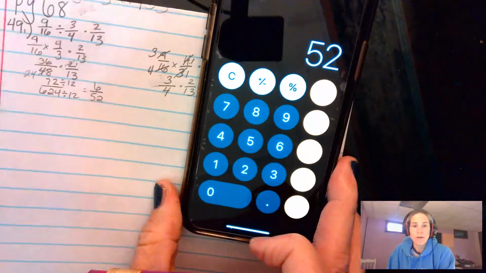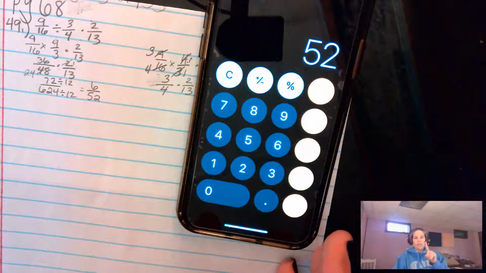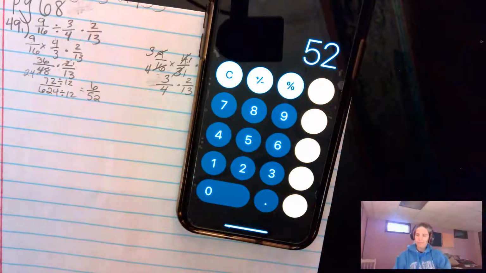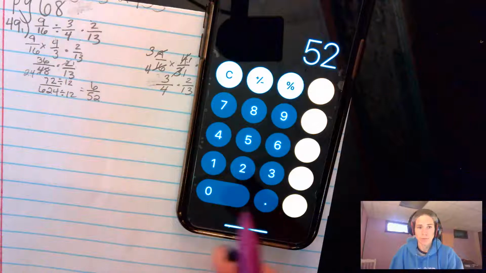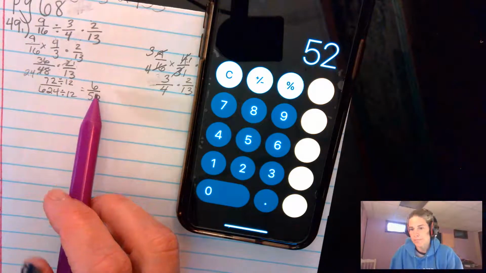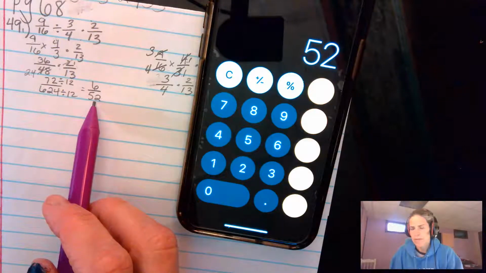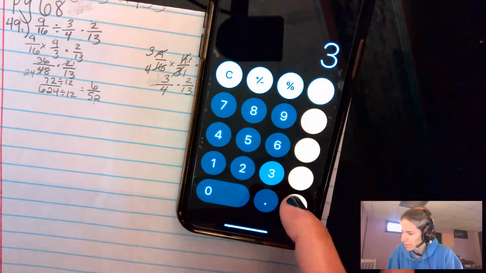I know that 6 has some factors of 1 and 6 and 2 and 3. So I wonder if 2, I know 2 is going to go into both of these numbers because 2 goes into 6 3 times and 52 is an even number. But I wonder about 3. Does 3 go into 52? 52 divided by 3.